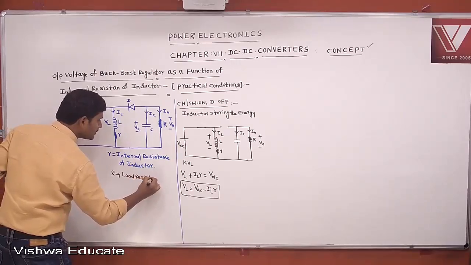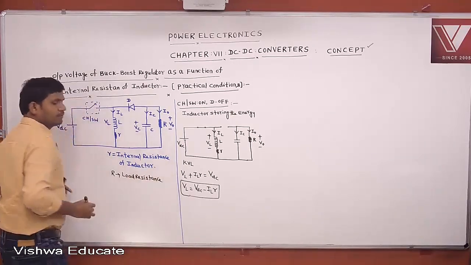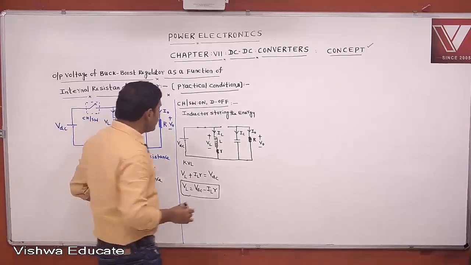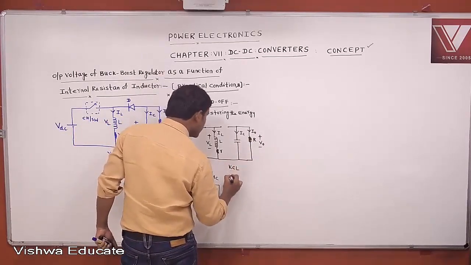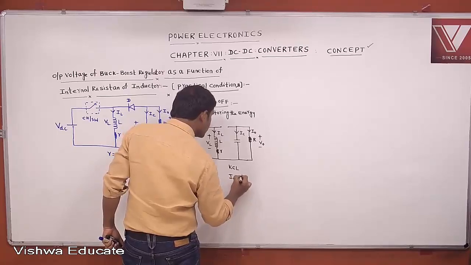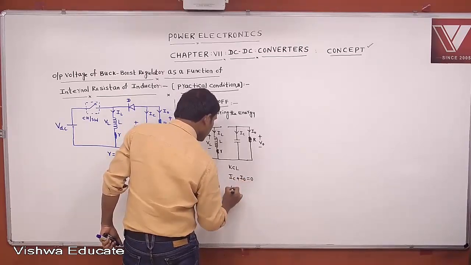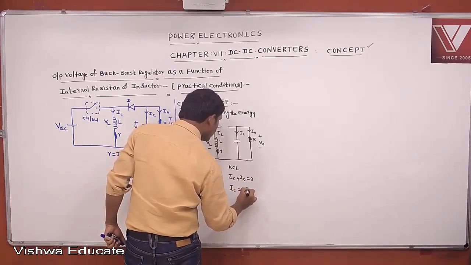Then what is KCL? According to KCL, IC plus I0 equals 0. Then IC equals minus I0.